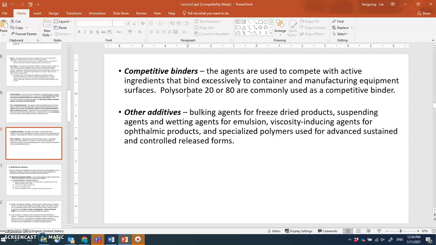So to provide a visually good, sustained structure after freeze drying, you may need to add a bulking agent, or suspending agent by another name. There are also wetting agents for emulsions and viscosity-inducing agents for ophthalmic products, which are eye care products. Those are other additives, normally made up of polymers. Mannitol is a good example. We'll talk about them later on.